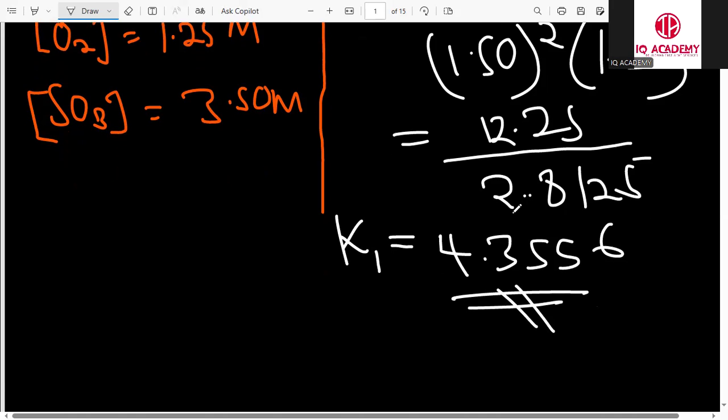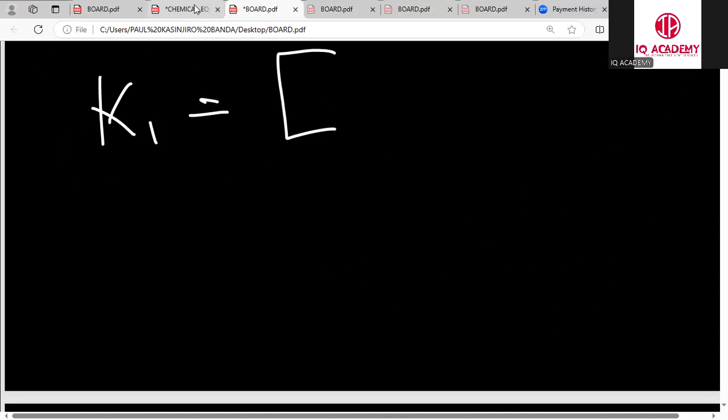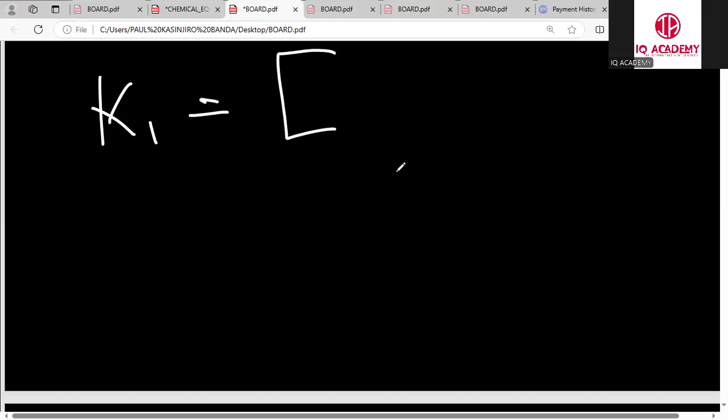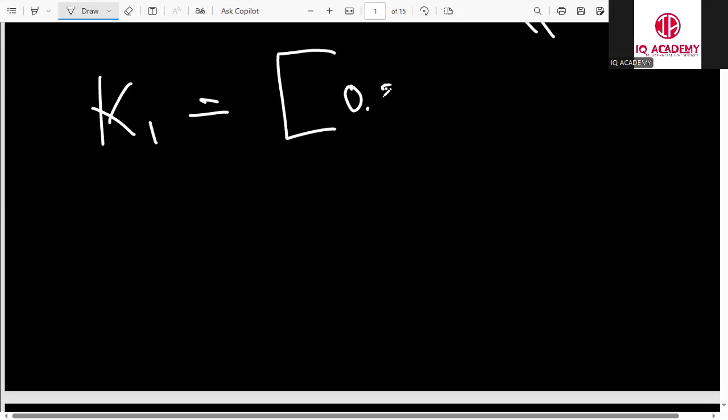Then let's calculate the second K now. Okay, so for the second K, we're going to put the concentration of the sulfur trioxide, which is this one here. So 0.260 to the power 2.